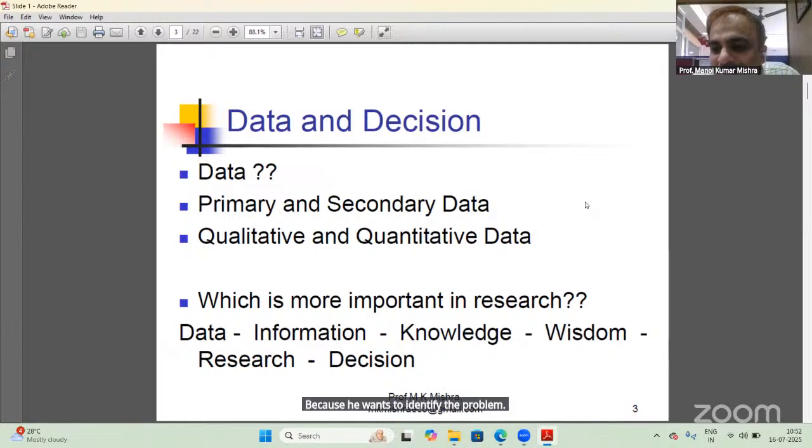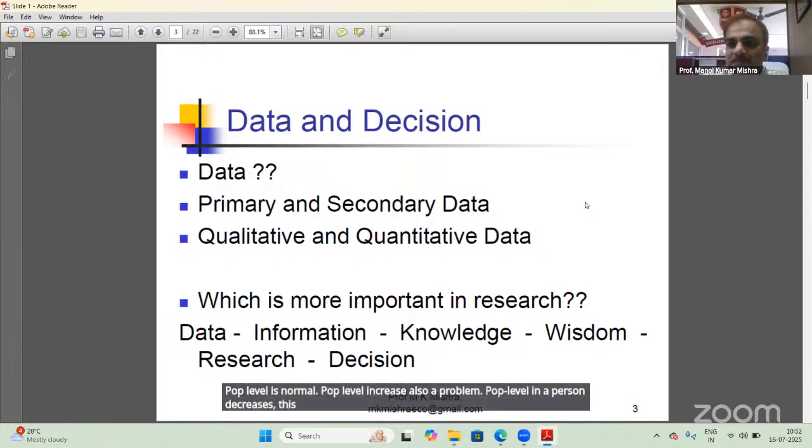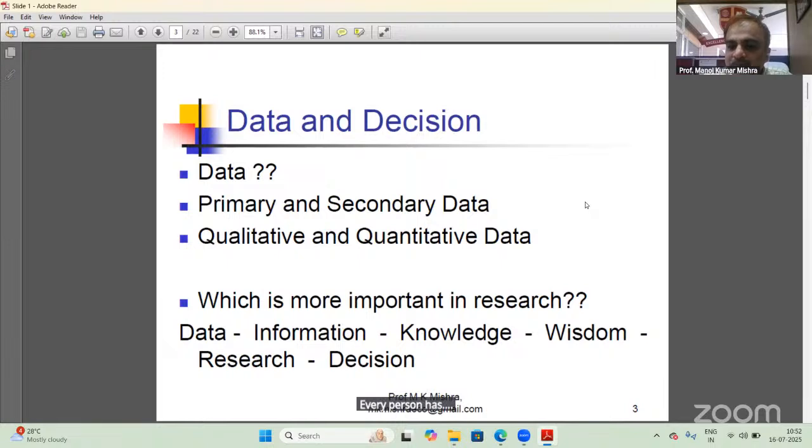What are the reasons? Generally, a phenomenon is, what is the reason for the cough level? Cough level is normal. If the cough level increases, it is also a problem. If the cough level in a person decreases, this is also a problem. Every person has some amount of cough.